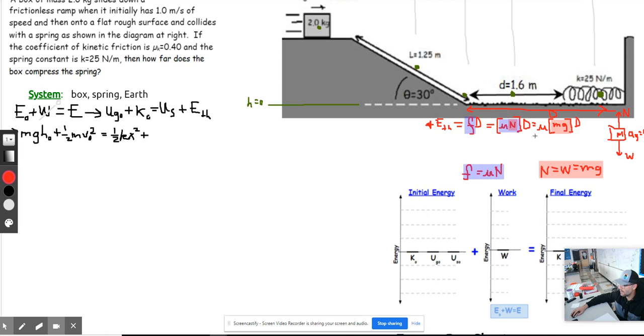And then we saw, hey, normal force is just mg, so we substituted that in. So basically, we get our thermal energy is mu m g d. So let's go ahead and put that in our equation. So mu mgd.